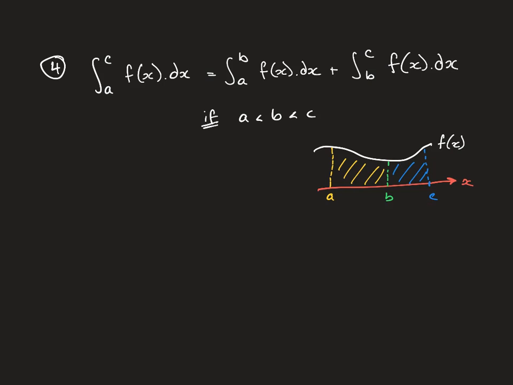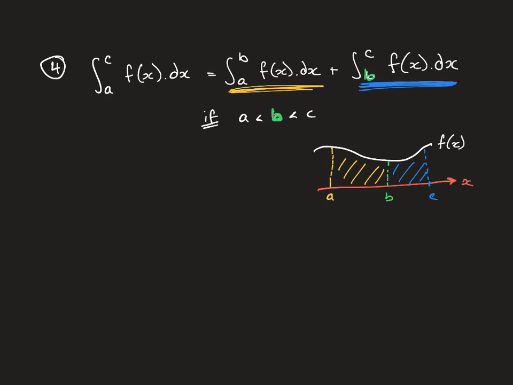And what this property says is that the integral from a to c, all that area under the curve, is equal to the integral from a to b, this yellow section, plus the area from b to c, the blue section, as long as b is somewhere in between a and c.